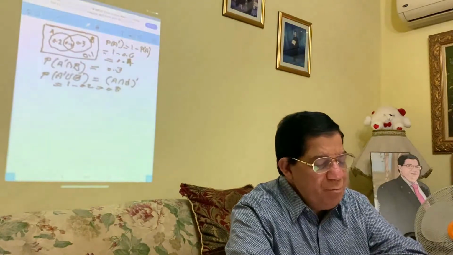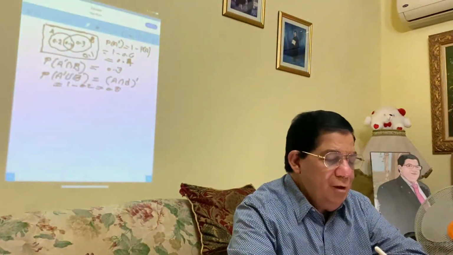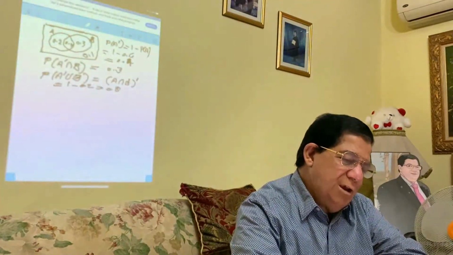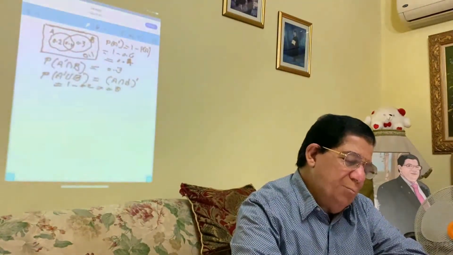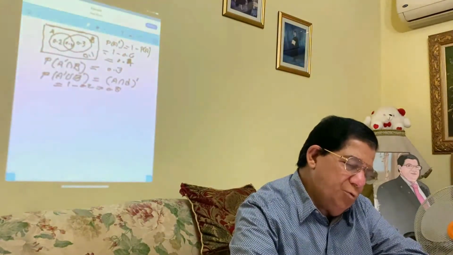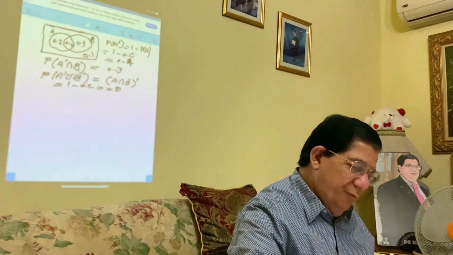This is something maybe you understand better than union. Intersection, no problem, we understand easily. But when we come to union, you can convert a union problem into an intersection problem. Fine.